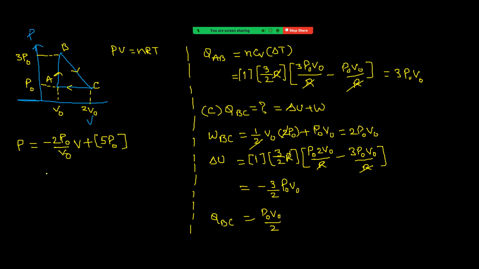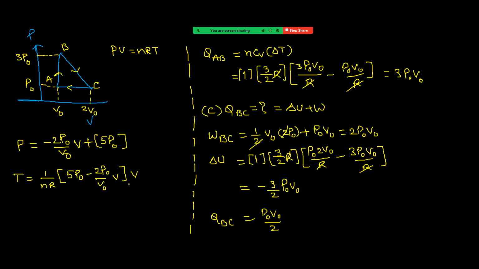Okay. So we got now pressure as a function of volume, right? Now use the gas equation to find temperature. So temperature equals 1 by nR into PV. P value is 5 P naught minus 2 P naught by V naught into V. Students, if you observe carefully, take this V value inside.